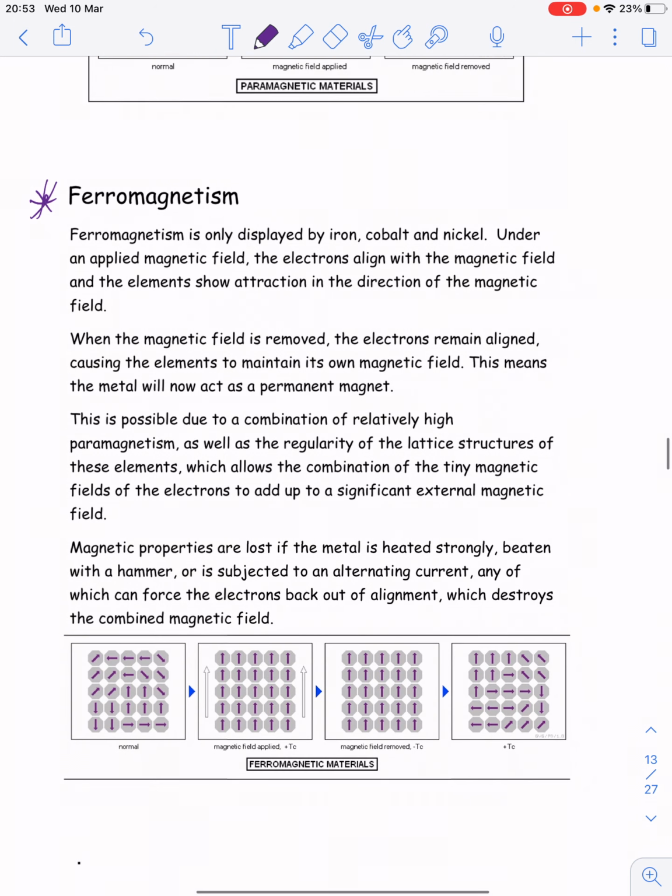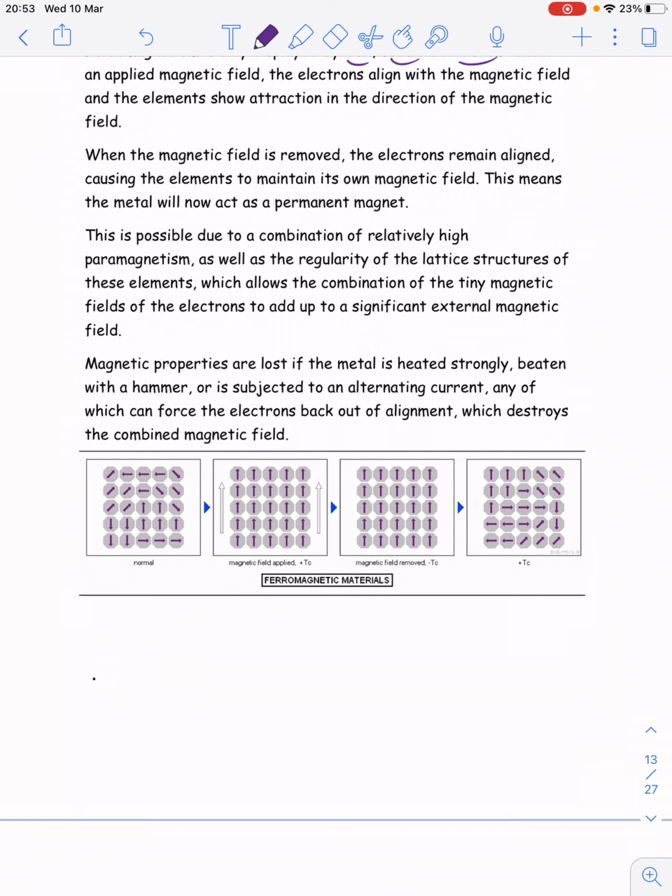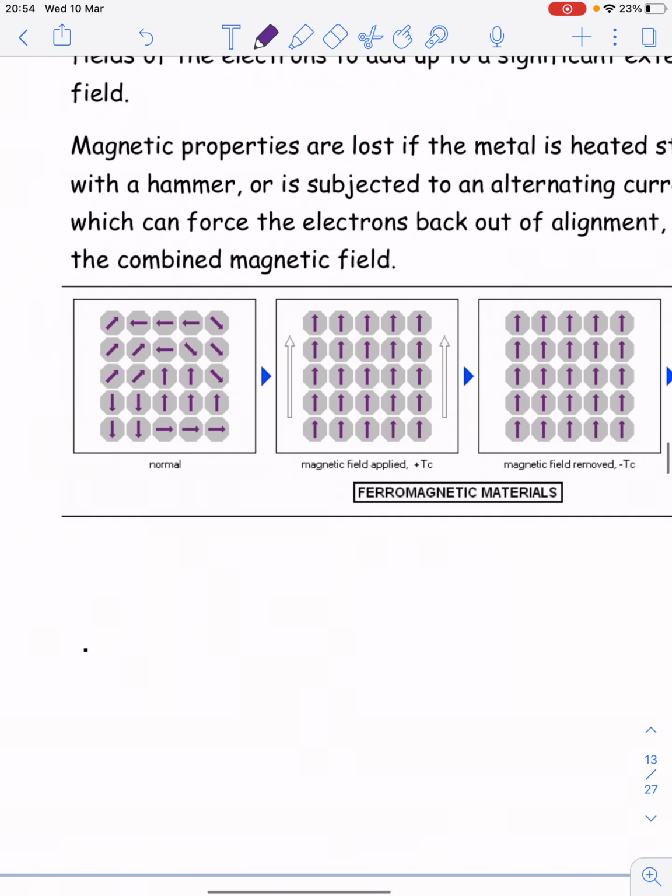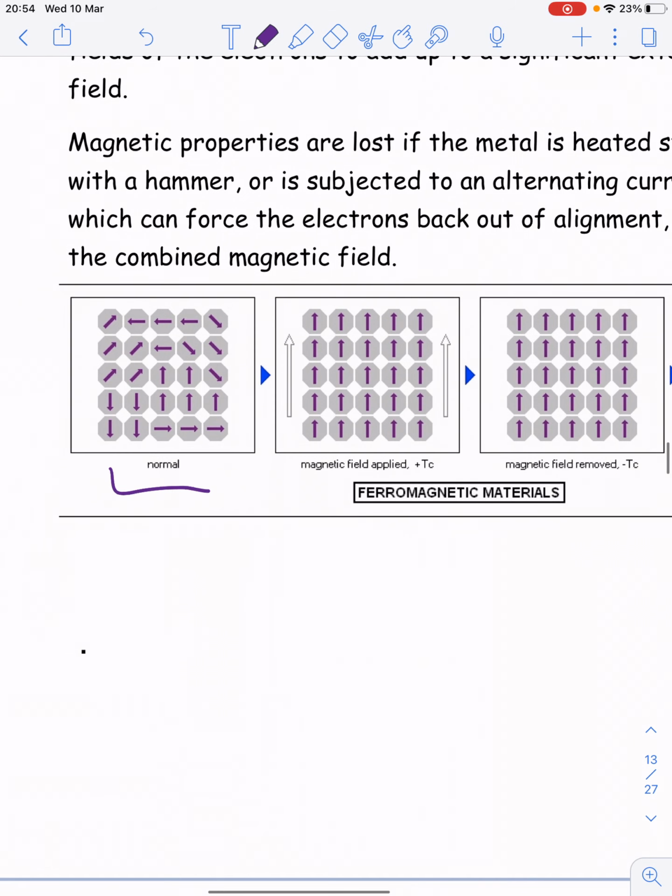That property is reserved for a special few elements. And as the name suggests, it is related to iron. Iron is sort of the classic metal that is magnetic. But iron, cobalt, and nickel actually all display ferromagnetism to an extent. What it means to be ferromagnetic is that normally you have your electrons and they're not all aligned in a particular way.